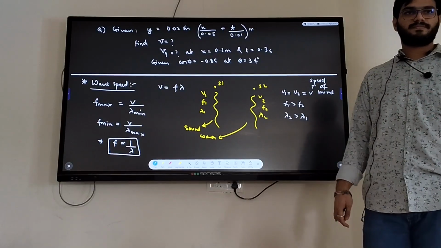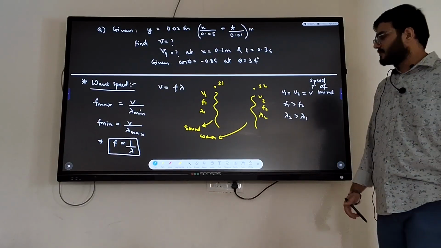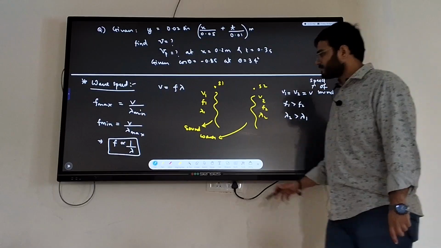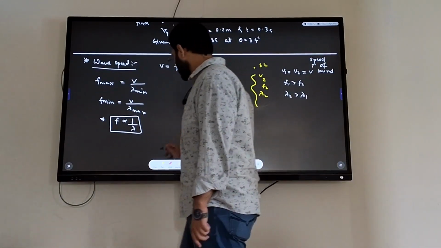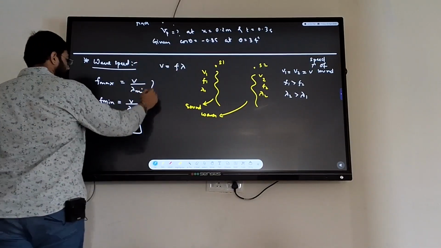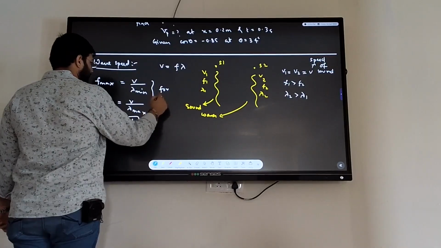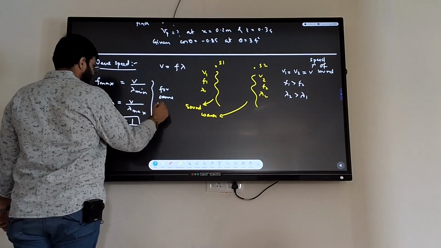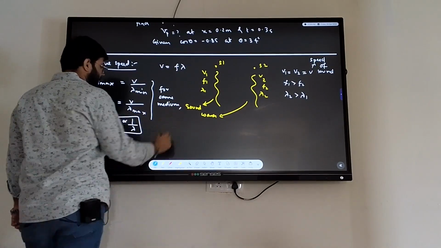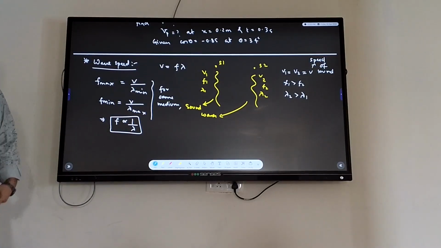Is it okay? So copy this and then we will go forward. That's for the same medium, this statement also holds true for light, right? For same medium. If we consider light rays, for the same medium, the statement holds true for light also. Until we don't change the medium.